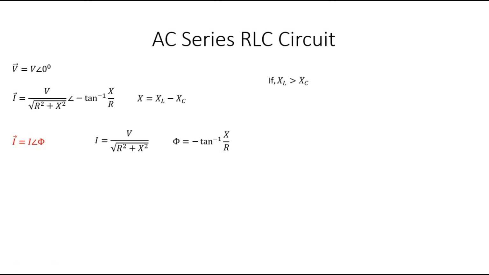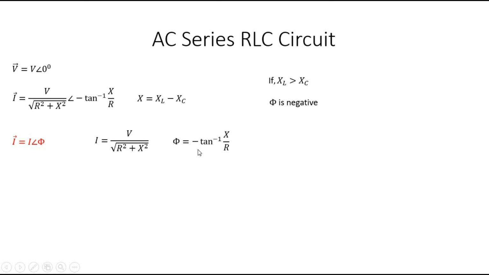The magnitude and the polarity, plus or minus, of phi depends on the value of X. If XL is greater than XC, XL minus XC is positive, and minus of that makes phi negative.